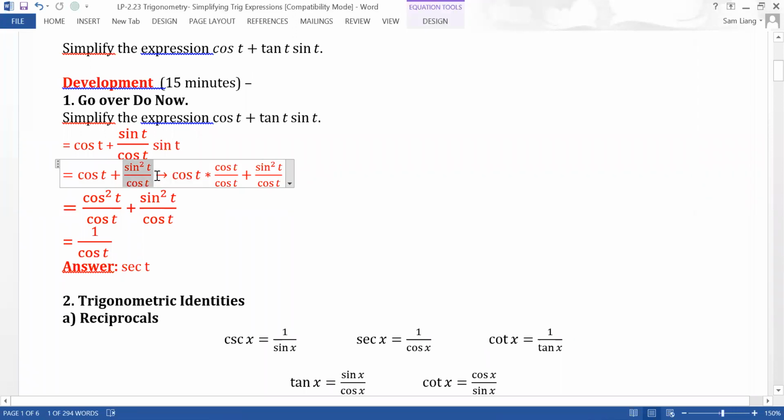And then you can rewrite cosine t as cosine squared t over cosine t, add that to sine squared t over cosine t, and you would get 1 because of the Pythagorean identities, I think that's what they're called, and you would get 1 over cosine t, which could be simplified to secant t.